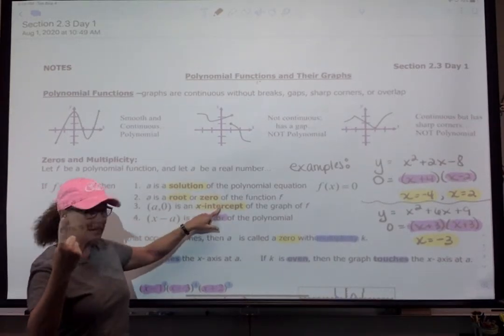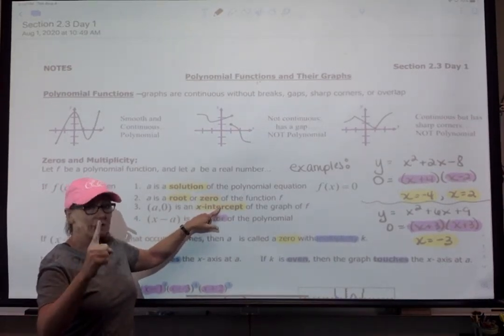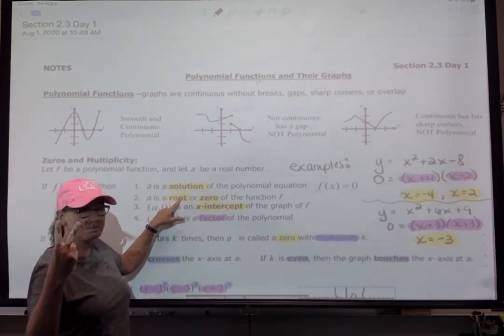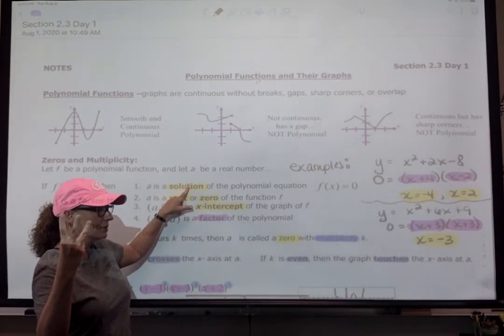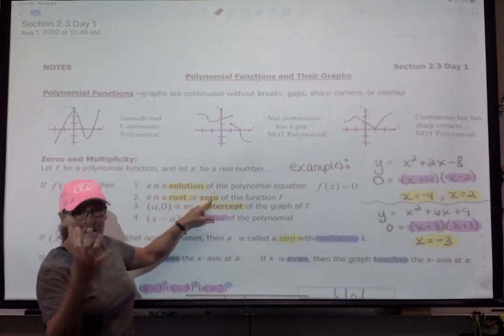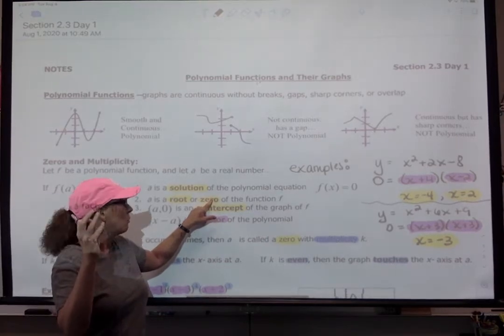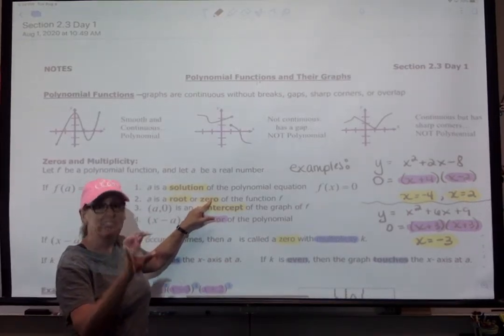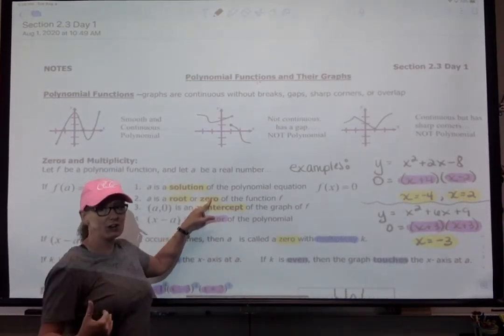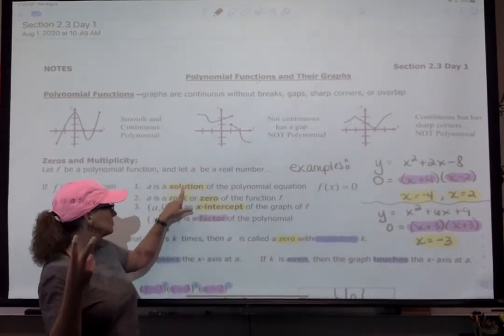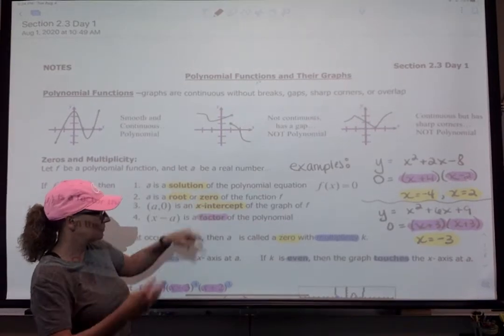One is x-intercept. The other things we can call an x-intercept are a root, a solution, and a zero. I'm not saying the x-intercept is 0. I'm saying whatever the intercept is, it's a zero of the function. It's an x-intercept of the function. X-intercepts, roots, solutions, and zeros.